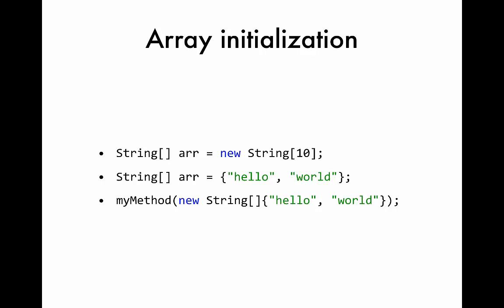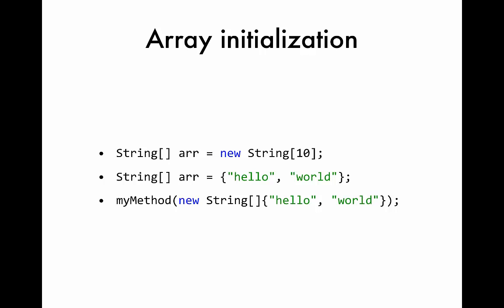Okay, let's look at another way of initializing an array. Java has a special syntax that makes creating a new array with specific elements easy. If I want to create an array of 2 strings whose first string is hello and whose second string is world, I just write the strings hello and world in curly braces and assign them to the newly declared array variable.